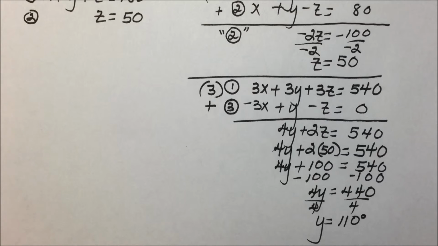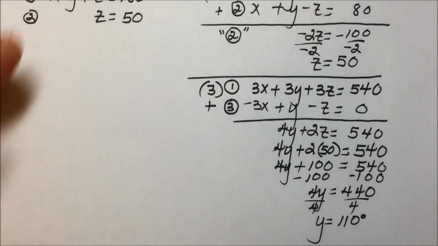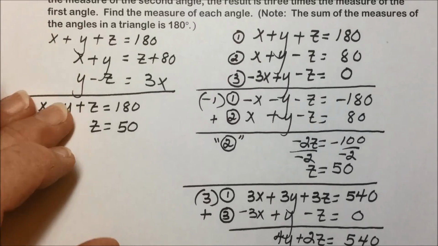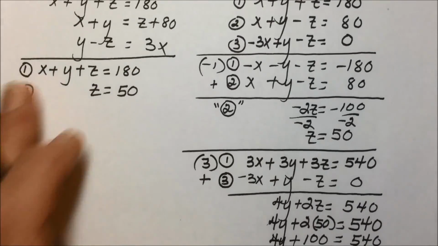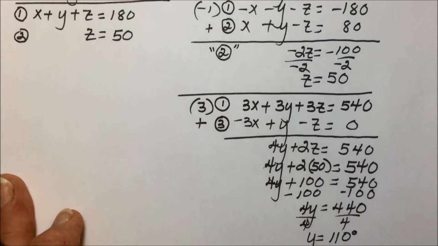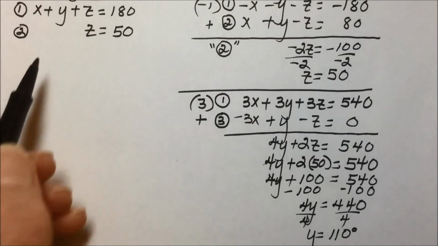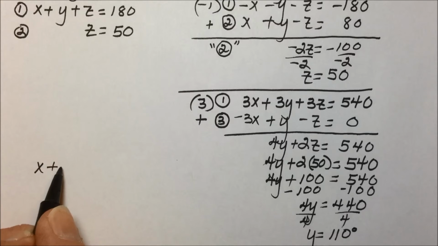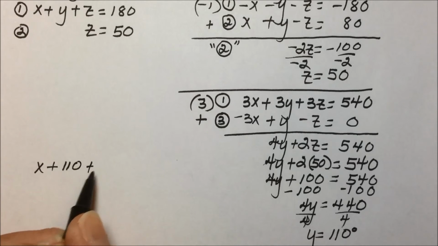So now we have two of our three angles, and we can plug that into any one of those original equations that has an x, a y, and a z in it. And probably that first equation is the easiest one to use. So we don't know x, we just solved for y, it's 110.